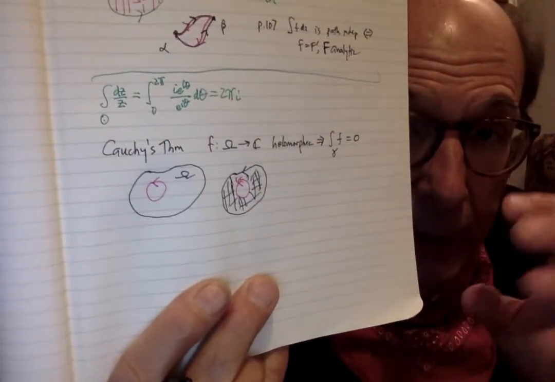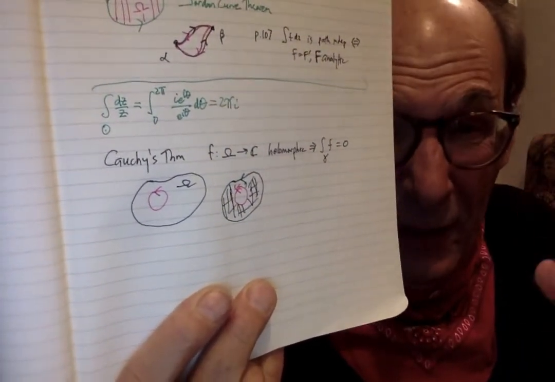There is a region omega. It's like an annulus, but it's not really quite an annulus. And if we call the outside path gamma sub O, call me crazy, and the inside path gamma sub I, O for outside, I for inside, then if we have a function that's holomorphic in that kind of annular region, then the integral of f over gamma O is the integral of f over gamma I.